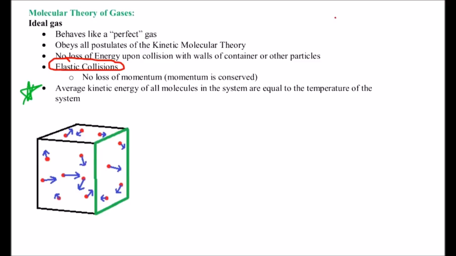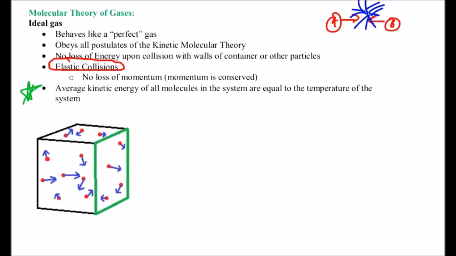So if I had gas molecule A and gas molecule B over here, and they're both heading towards each other with equal magnitude, once they collide, they're going to move off in opposite directions, and they're going to have the same velocity as they did previously, because it was equal. So in order for them to conserve momentum, they just need to change direction.